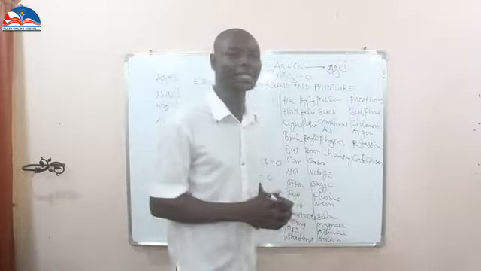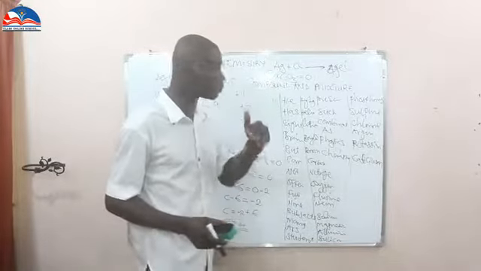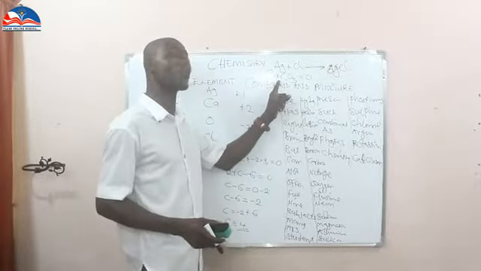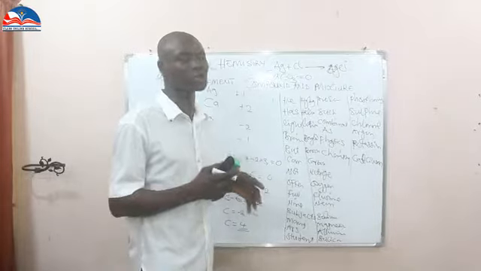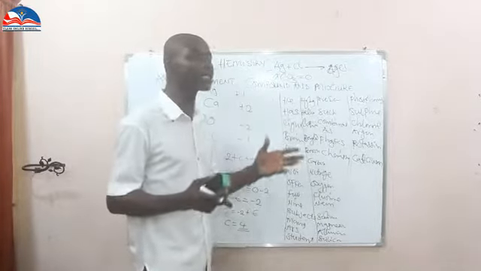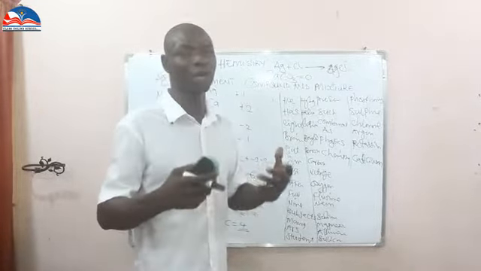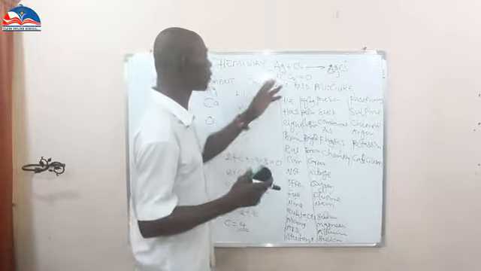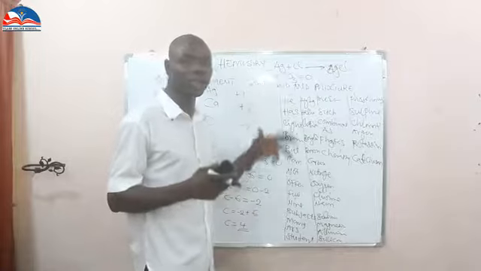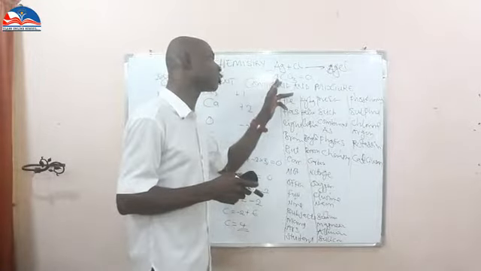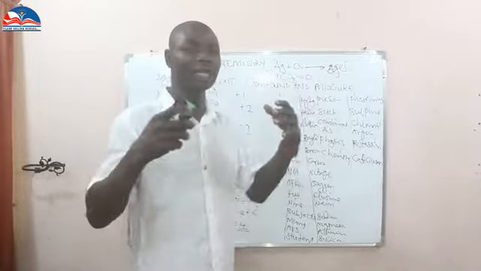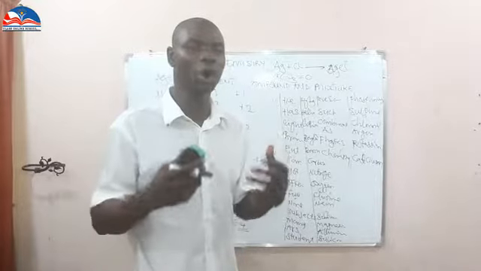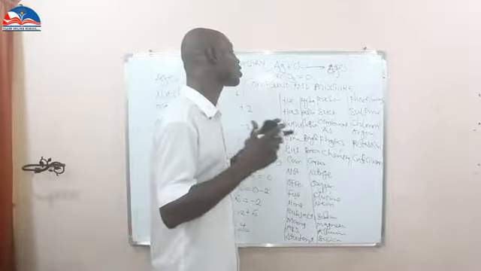So because of that, understand that what brought me to this area is the compound I'm talking about. We said that a compound is when 2 or more elements are chemically combined together. But in this place, we call it a mixture, because a mixture is when 2 or more elements are physically combined.